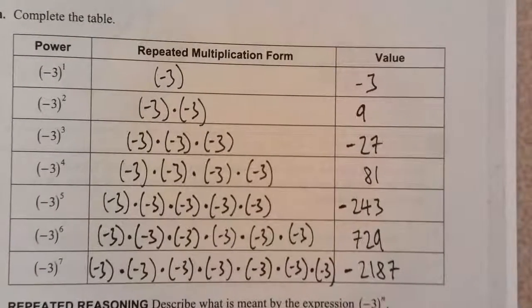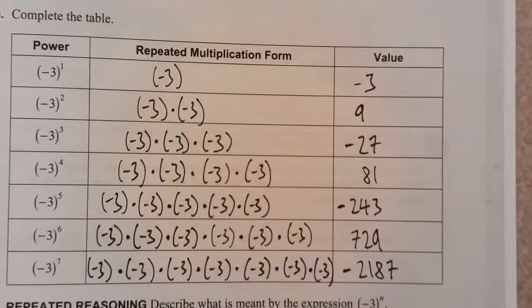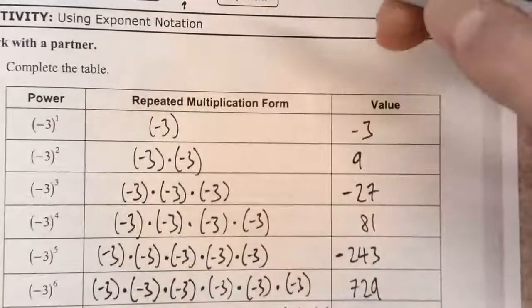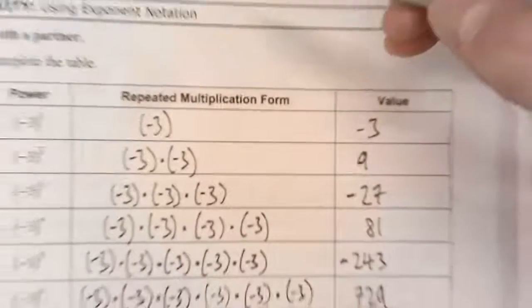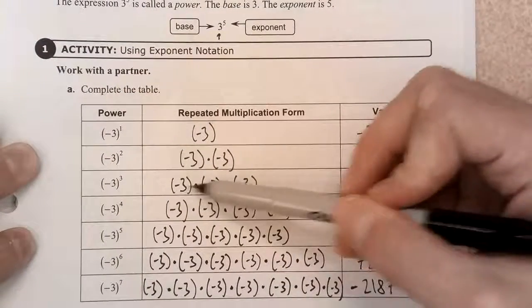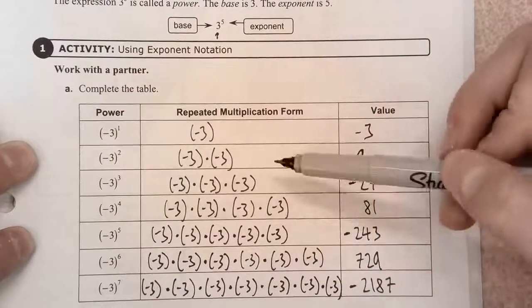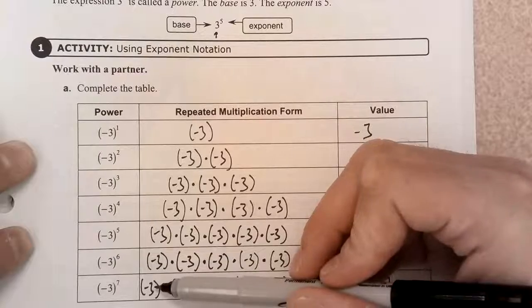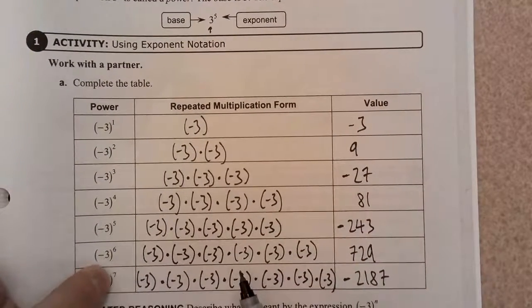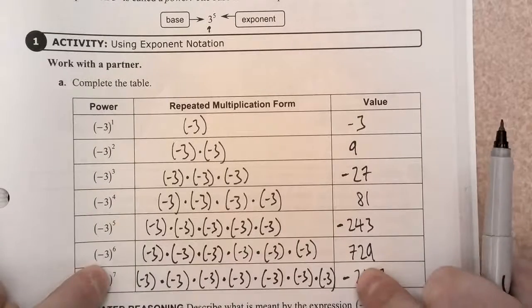Now, a little trick that is helpful to know. If your base is negative, and remember, base is the number we're repeating each time, so negative 3 is the base in all of these. If your base is negative, then anytime the exponent is an odd number, the value is negative.